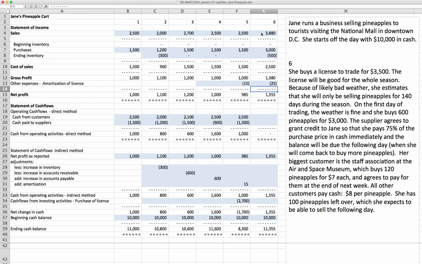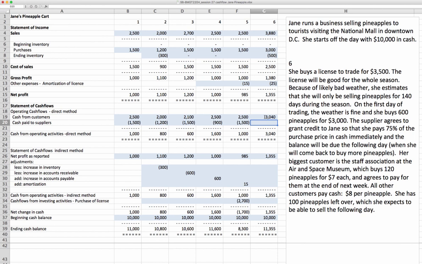If we look at the cash flows coming in from customers, we know that the only cash that came in from customers was based on the sales of the pineapples for cash, and that was, if you recall, going back here, 380 pineapples at $8 each, 3,040.